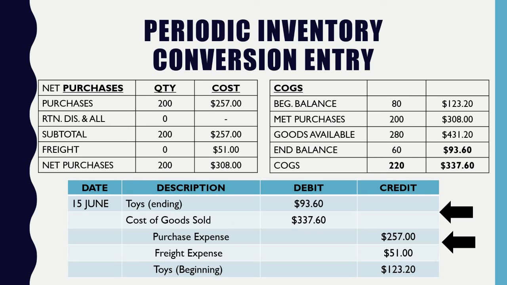In this type of context, this is what we're going to be looking at. You need to start somewhere, all right? As we progress through the lesson and get to chapter 5, we're going to be introduced to what happens when purchase returns and allowances come into play. Remember, purchase returns and allowances is a contra account, so it's going to be reflected as the opposite.